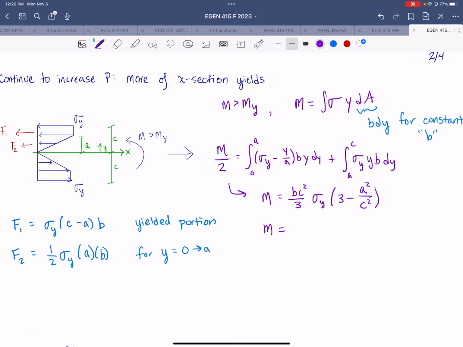So substituting in our relationship from the previous page, which I'll copy down here in a moment, that would give us M is equal to 1/2 times the yield moment times, in parentheses, 3 minus a squared over c squared. And that's coming from plugging in M_y is equal to 2/3 b c squared times sigma y.